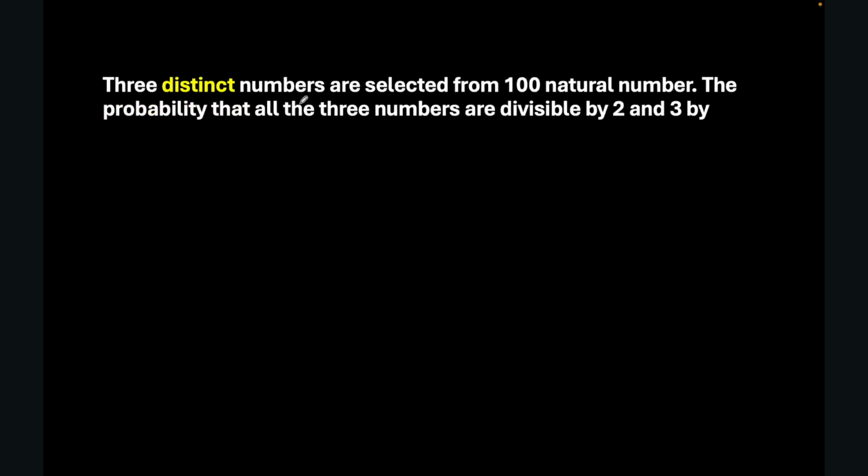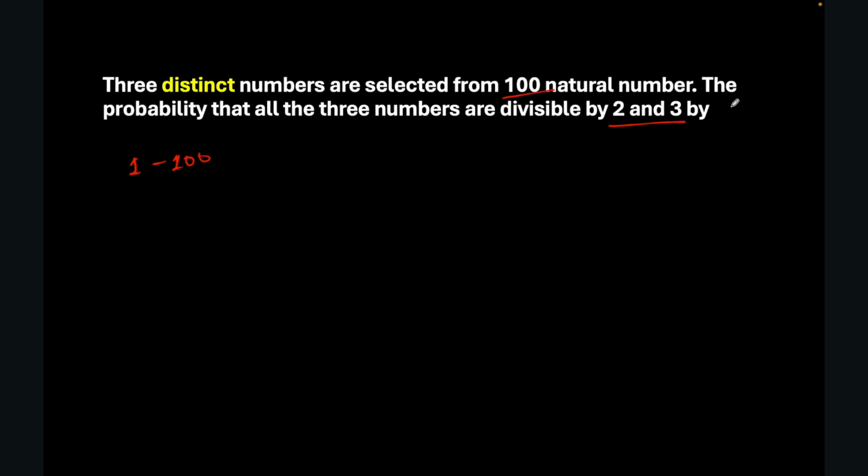Okay, next question. We're told that 3 distinct numbers are to be selected from 100 natural numbers, which basically means 1 to 100. The probability that all 3 numbers are divisible by 2 and 3.